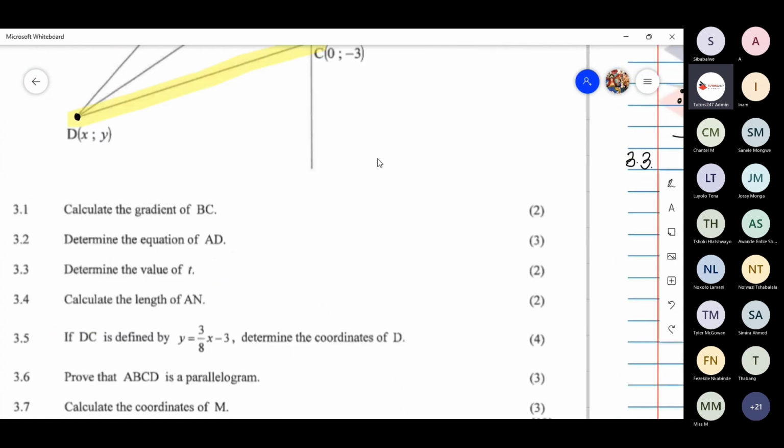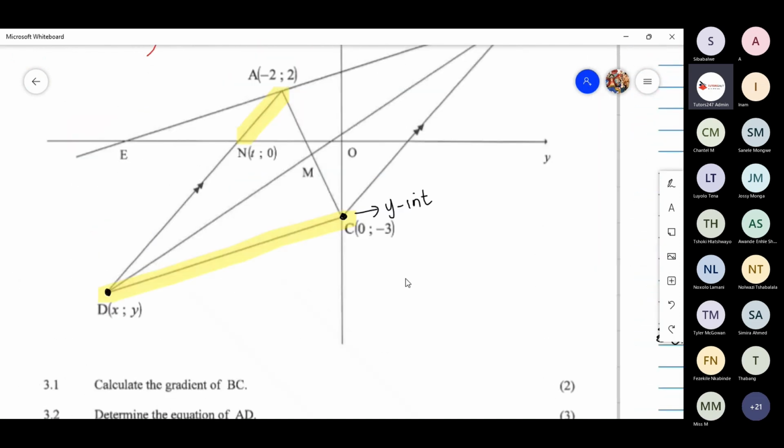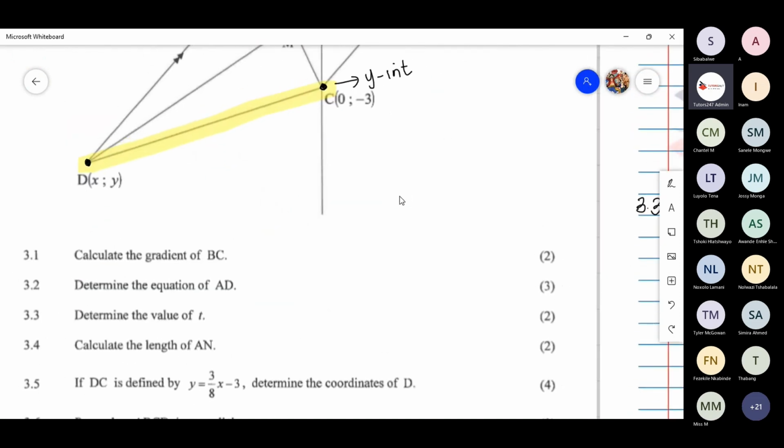If we go to our equation, you can see it is -3. So if we were asked to find the equation of DC and we were given the gradient, or we were given some way to calculate the gradient, it would be easier than question 3.2, because all we would need to do is substitute gradient, substitute the C value, okay? But back to our original question.